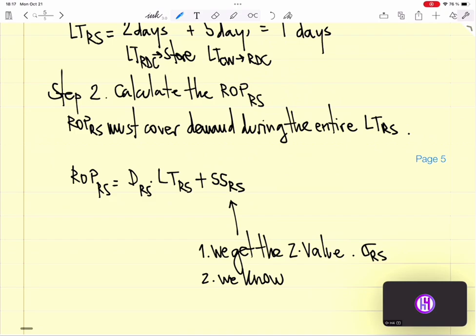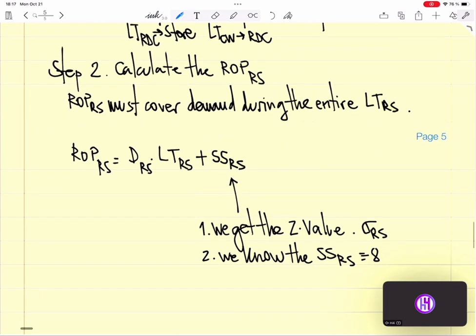Or we know the safety stock directly, like in this case, it's 50 units. So it depends on the data you get.